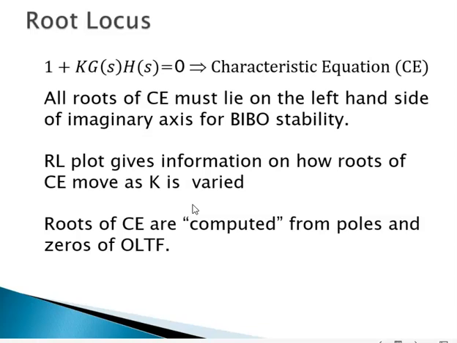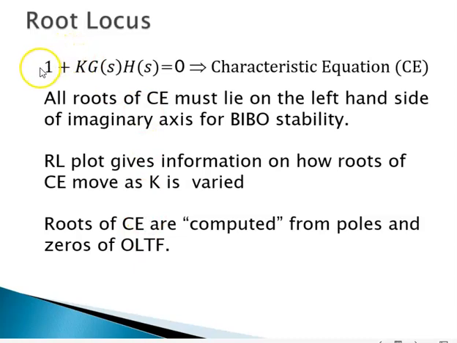We are trying to study how the roots of this characteristic equation move as K is increased, because we want the system to be fast. When we want the system to be fast, we need to increase the value of K. As we increase K, how do the roots of the characteristic equation move? These roots of the CE are computed from the poles and zeros of the open loop transfer function.